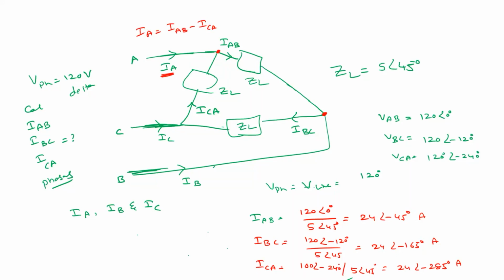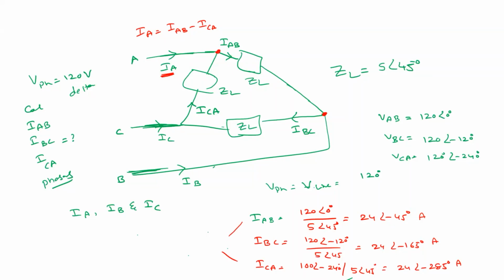Yes. How much is IAB minus ICA? Why divide by 2? Sir, only in that way IB and IC will be there. So this node, right?